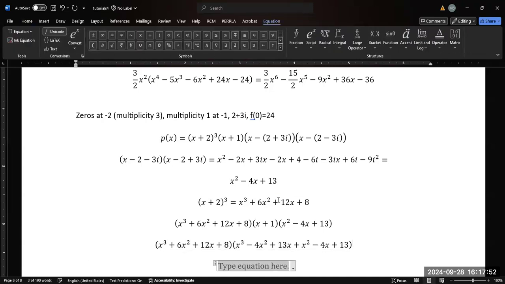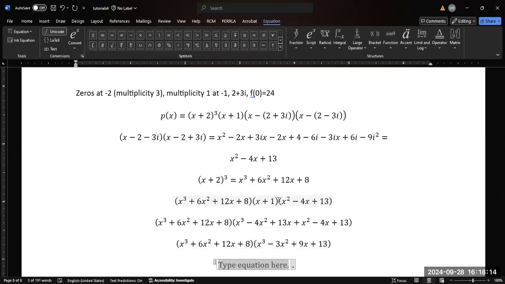And if we simplify, x cubed minus 3x squared plus 9x plus 13.